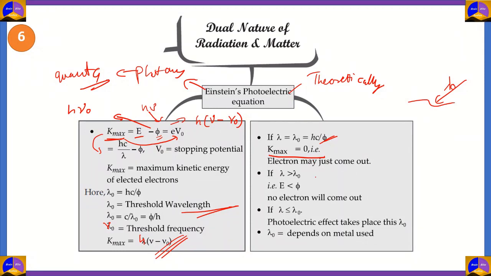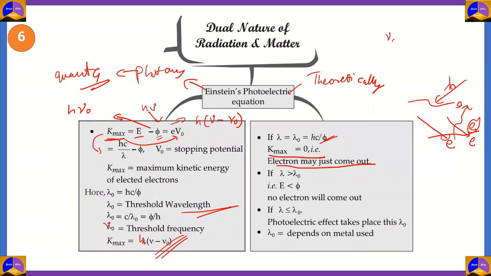So what does that mean? That means the electron may just come out. In a normal scenario, if there was more energy, then the electron gets emitted outside. If it was equal to lambda naught, then it only just comes out. There is no energy inside it to propel it further outside.